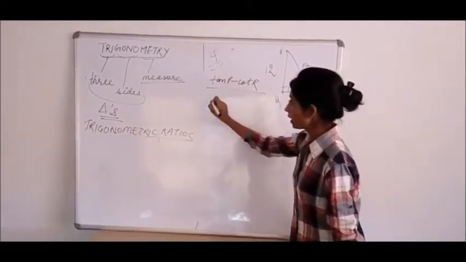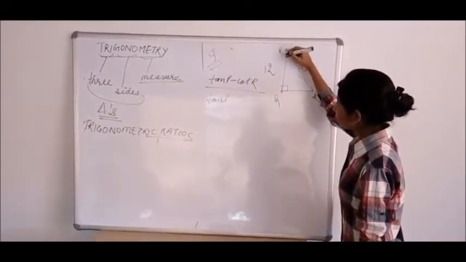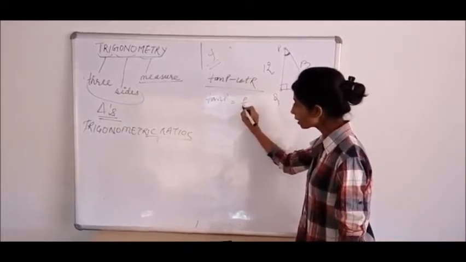As we know, for tan P our basic angle is P. We have the basic formula tan P equals perpendicular upon base.